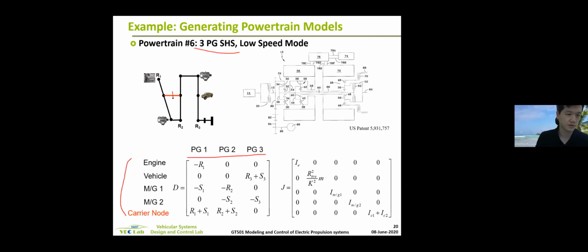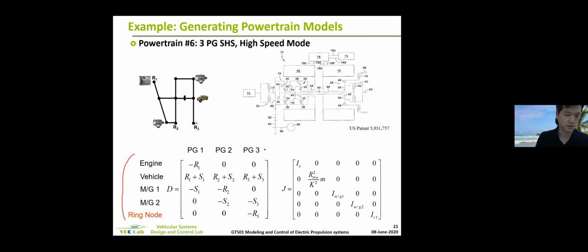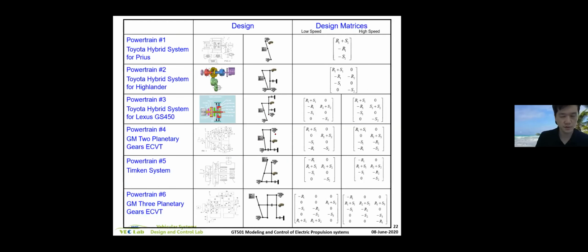Depending on the clutch, we can change. All right, and this is a summary of the examples. We looked at 6 examples, and all we had to do was come up with these D matrices. That's it, right?